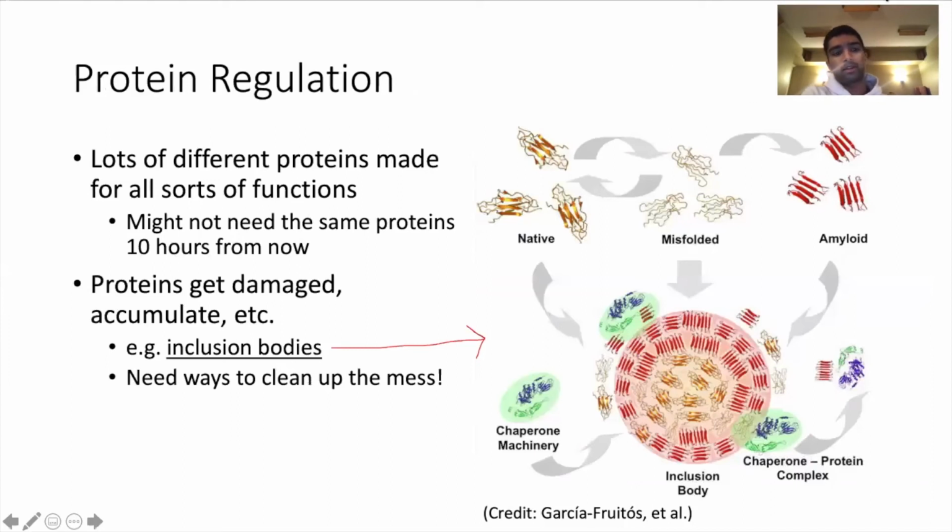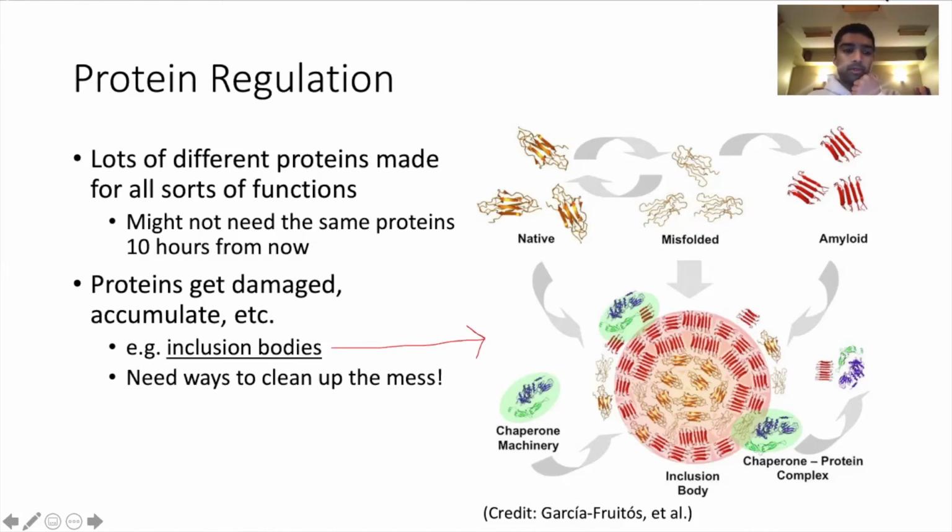So there's lots of different proteins made, thousands or hundreds of thousands per cell, and they have all sorts of different functions, as we saw in the first slide, right? From structure to enzymes to a bunch of other stuff.